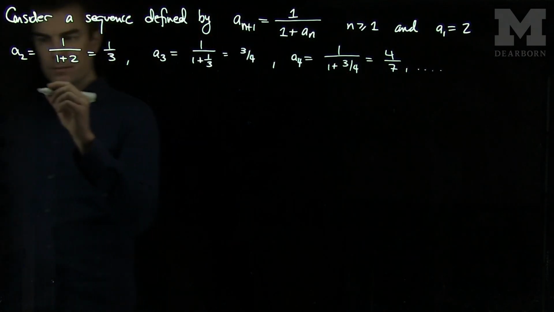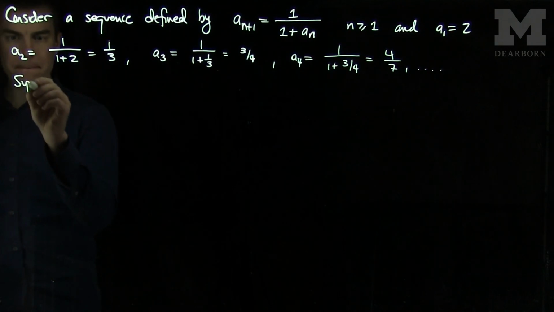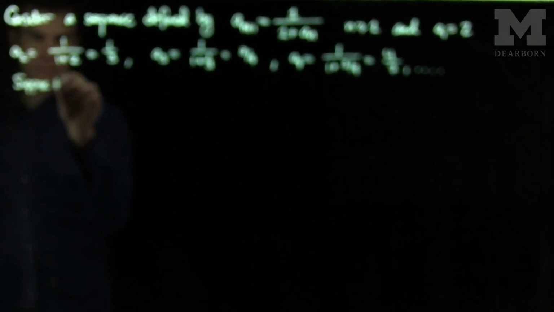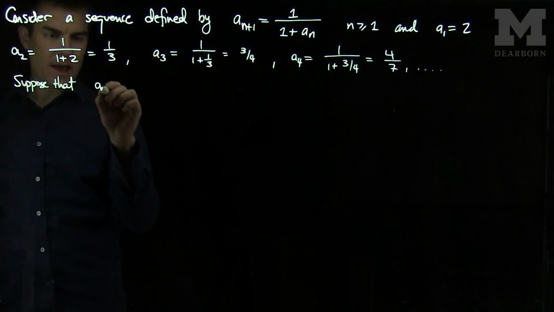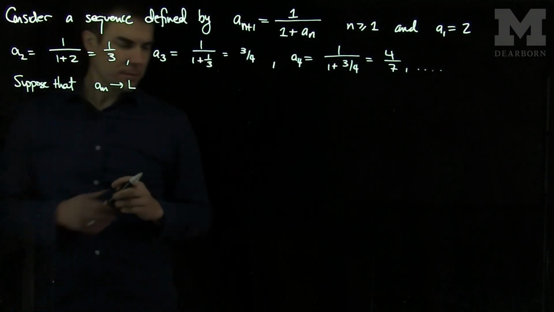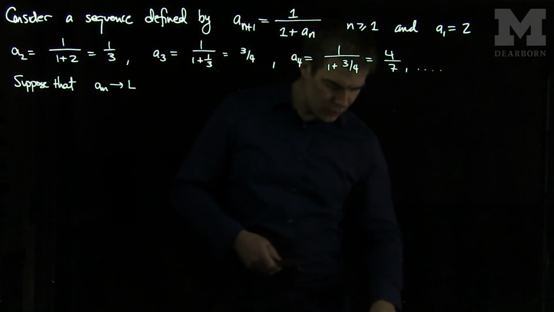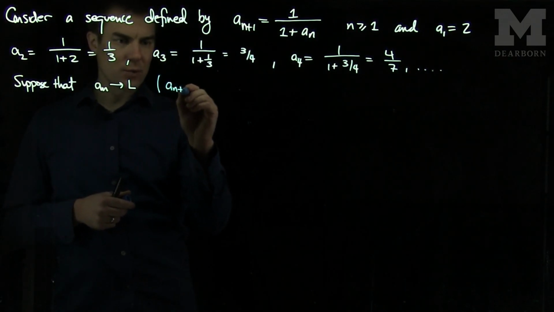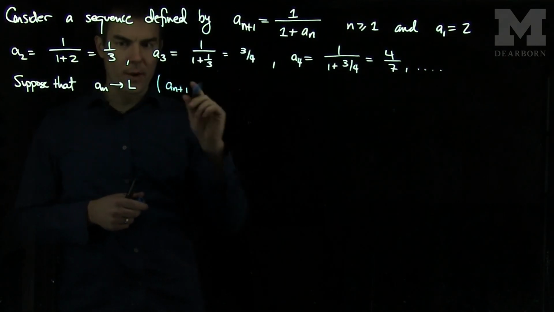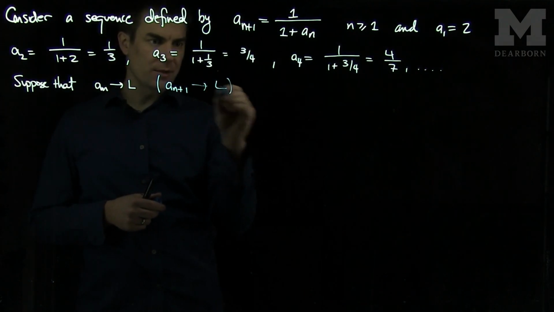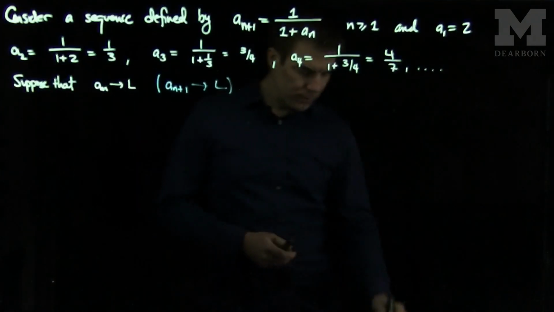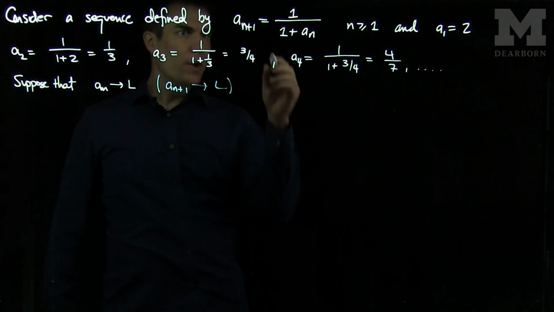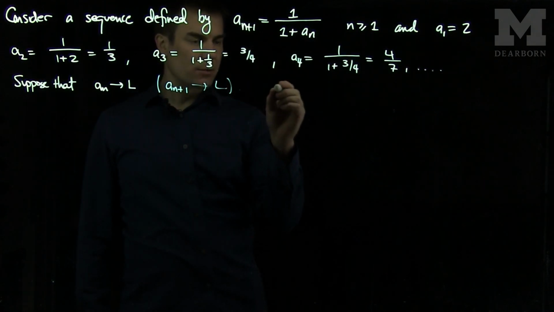However, suppose that a_n converges to a limit L. Well, if a_n converges to a limit L, this will imply that a_(n+1), the sequence shifted over by 1, will also converge to L, the same limit. So, with that in mind, we can take the limit of this recursion relationship.